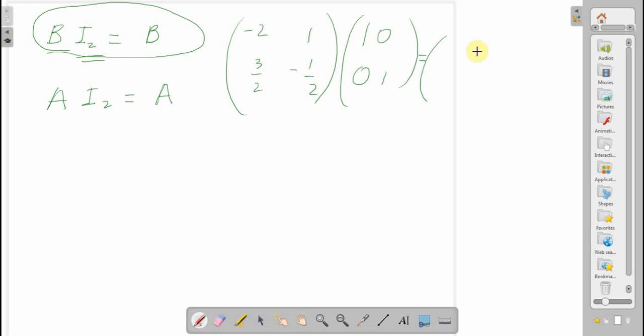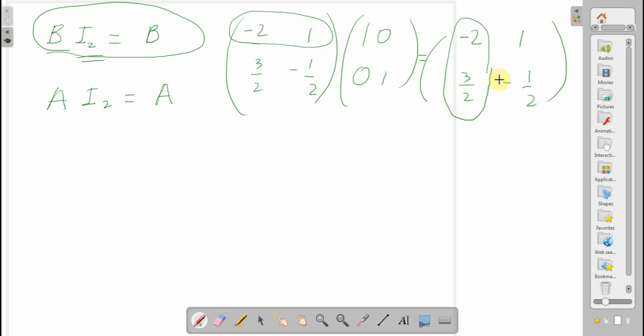We should get minus 2, 1, 3 over 2, minus 1/2. So that's one test that we can do. So we grab the first column, first row.